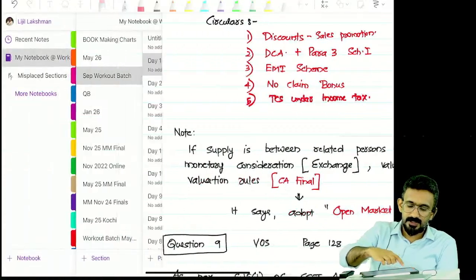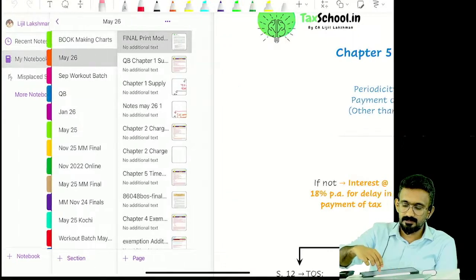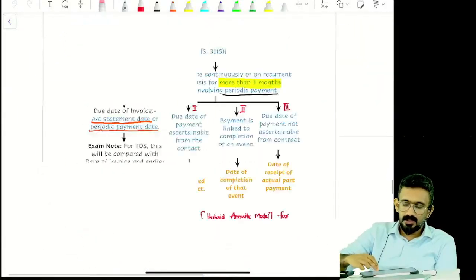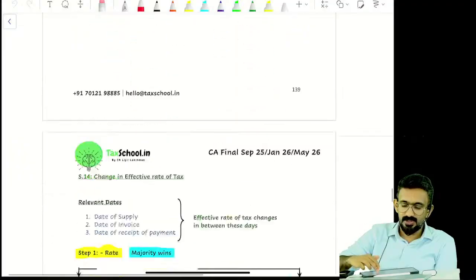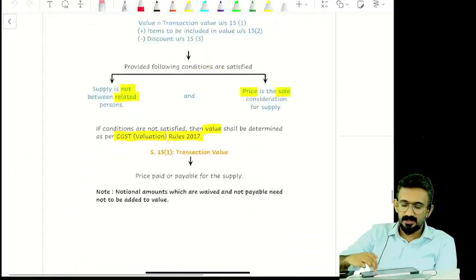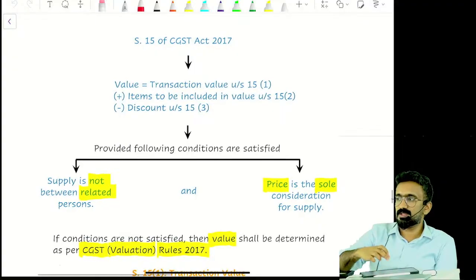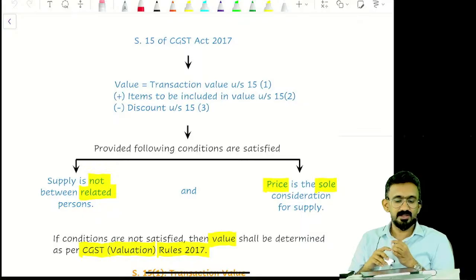Let's look at that for a while. As the value chapter opens, first have an understanding of what is section 15(1).